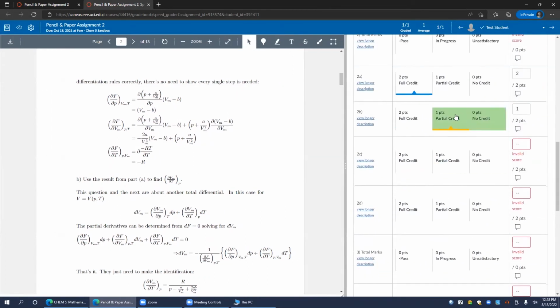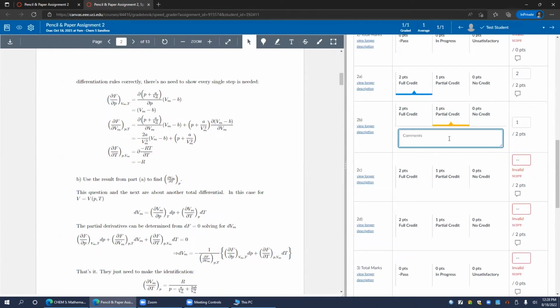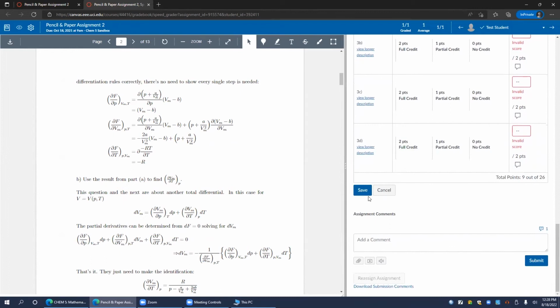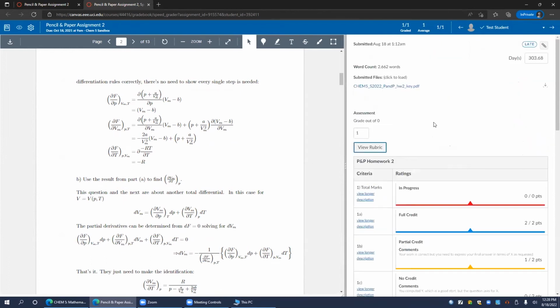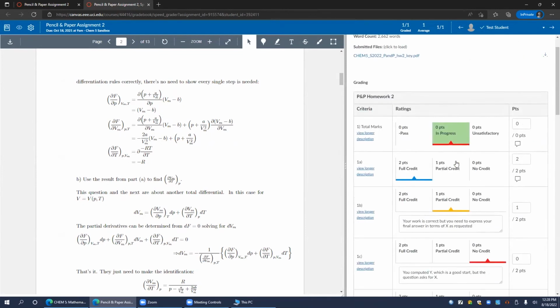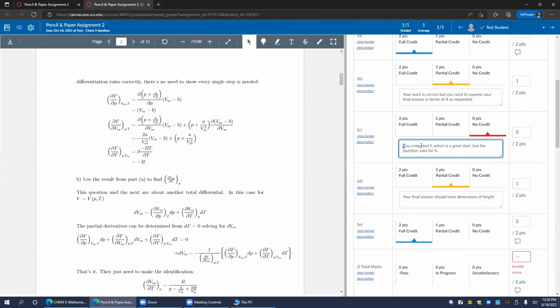So when you click on here, then you have this little box, this little globe, and you can say, you didn't use the right units, so you got partial credit, and then of course you gotta save, and that remains there. And of course you should also give meaningful feedback. If you're going to give them no credit, it means their work is simply no good.